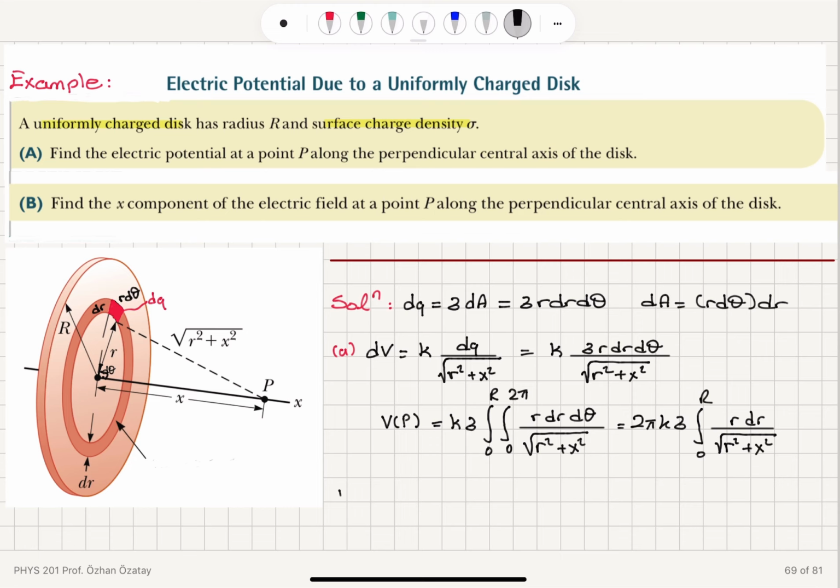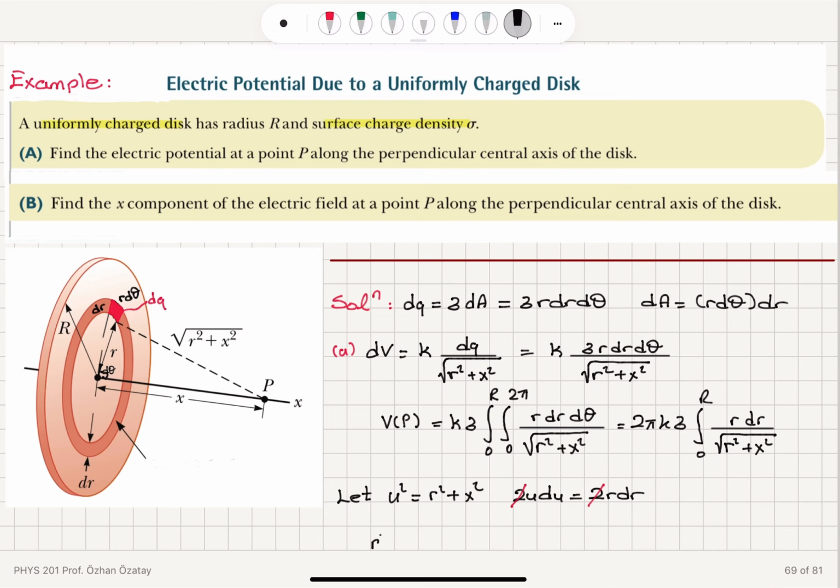Now, in order to perform this integration, I will let u square equals r square plus x square, so that 2u du will be equal to 2r dr when I differentiate both sides. So the 2's will cancel. You can see that I have to substitute for r dr u du. And what do I need to substitute for square root of r squared plus x squared?